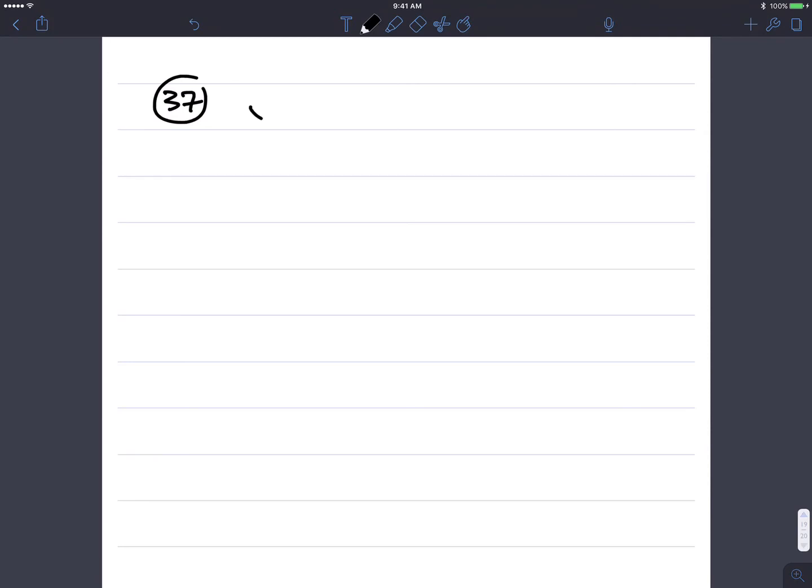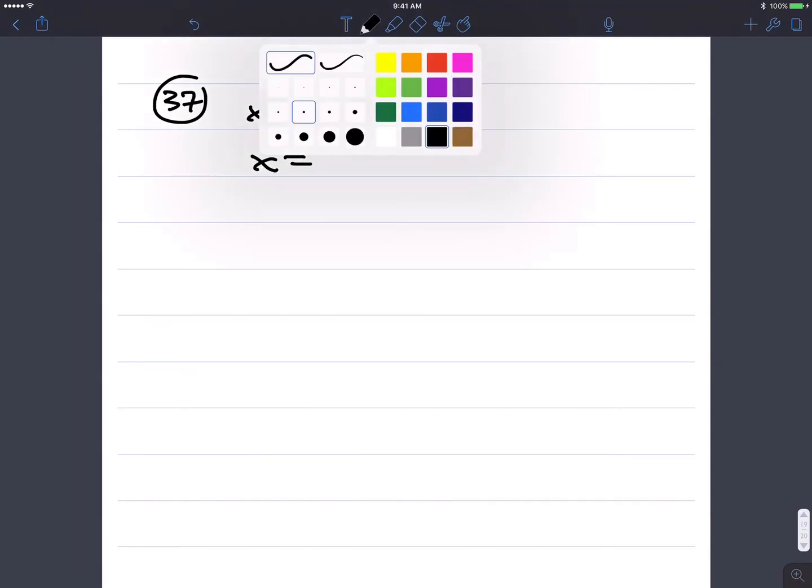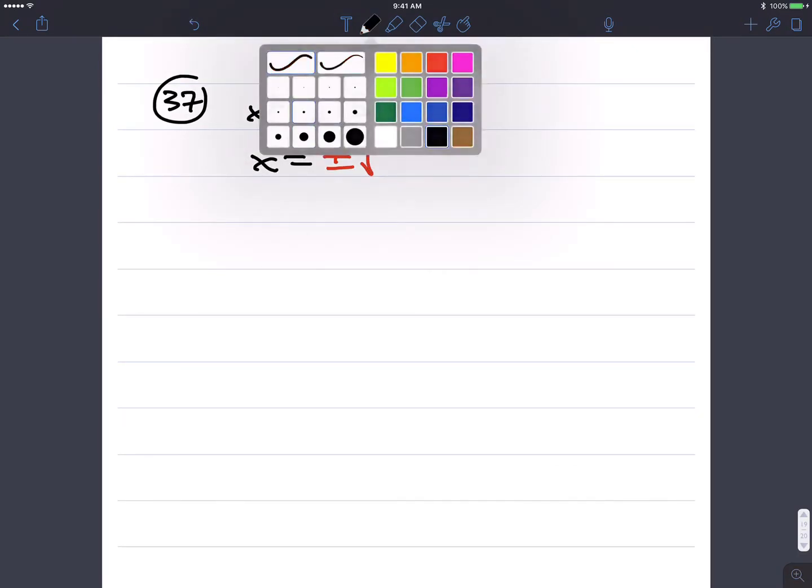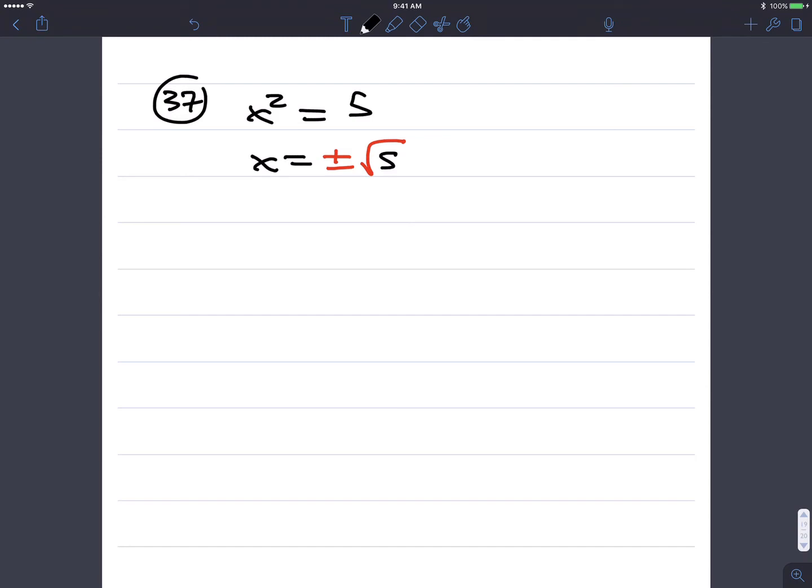Number 37, we have x squared is 5. Now by the square root formula, x will be plus or minus the square root of 5. Now, the question is, can I simplify the square root of 5? The answer is no. It's already simplified.